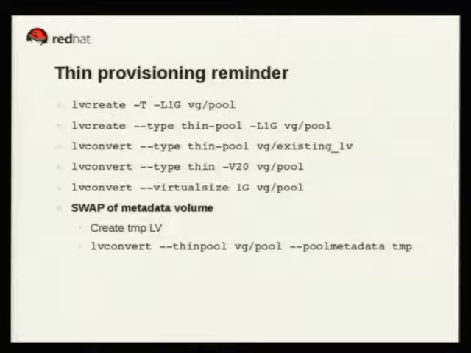Then we have the conversions. Thin provisioning is a completely large topic, so I just want to remind you how it looks, so you can compare it with how we added the support for caching.